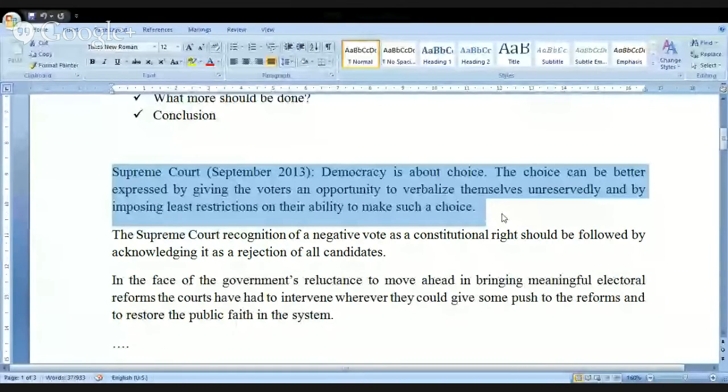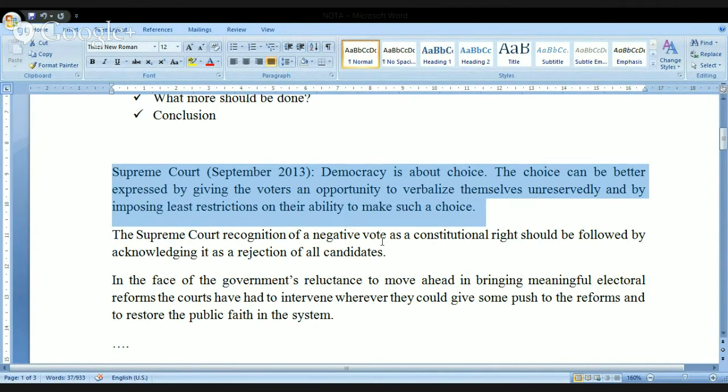Am I clear? Now let me go to the point here. This is the meaning of democracy as given by the Supreme Court. So this is the statement. I am reading it for you. Democracy is about choice. The choice can be better expressed by giving the voters an opportunity to verbalize themselves unreservedly and by imposing least restrictions on their ability to make such a choice.